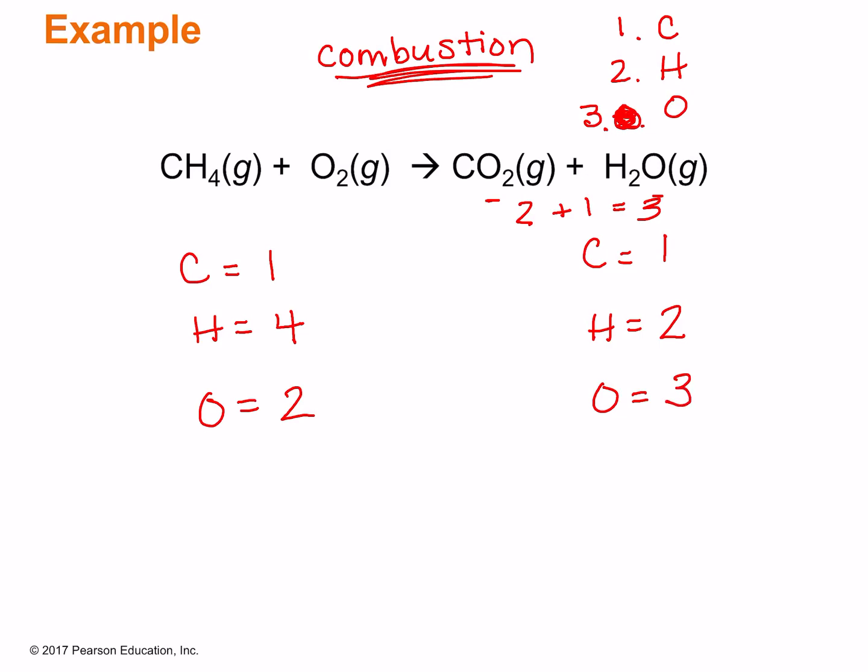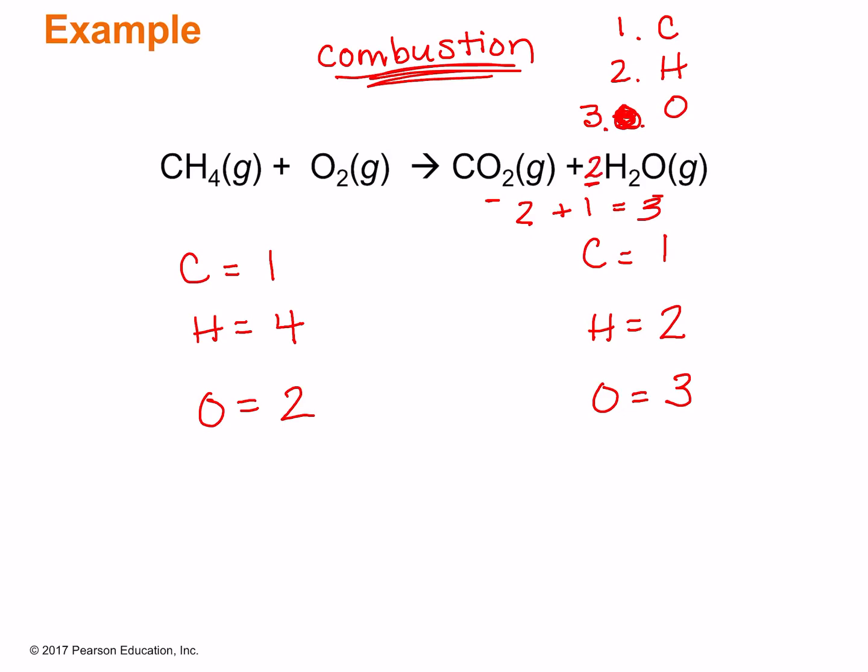So in looking at this, our carbons appear to be balanced at the moment. Our hydrogens are not, and our oxygens are not. So like I said, our carbons are fine, so we're going to do our hydrogens next. So we need to put some number out front here to multiply by that 2 to get us 4 like we have on the other side.